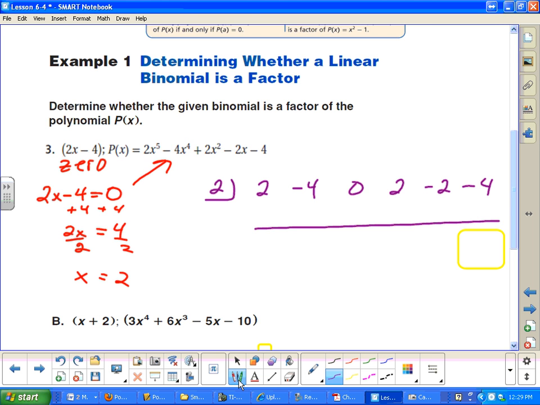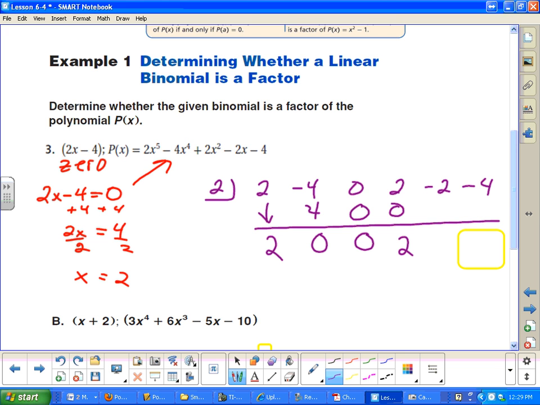So we bring down the 2. 2 times 2 is 4, so that's 0. And one person made this mistake from grading the quizzes yesterday. 2 times 0 is 0, but somebody put 2 once, and that messed you up. Add them together, get 0. 2 times 0 is 0.